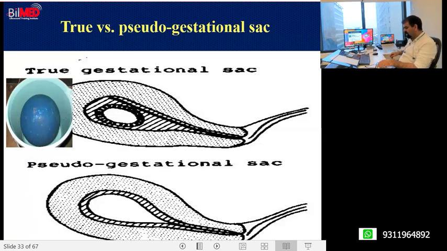To clear it, I have only one example, which took me about 2 decades to arrive at, and it will make you understand for the rest of your life what this pseudogestational sac actually is. Pay attention to this very beautiful example. There is no better example than this.